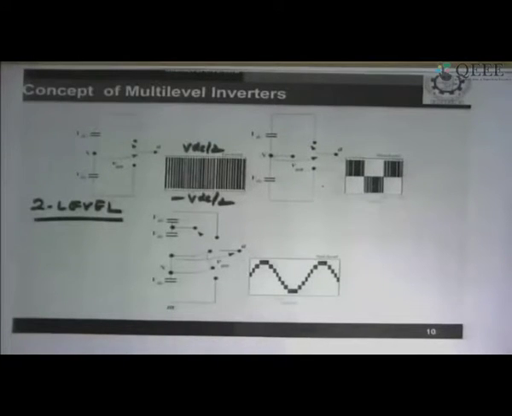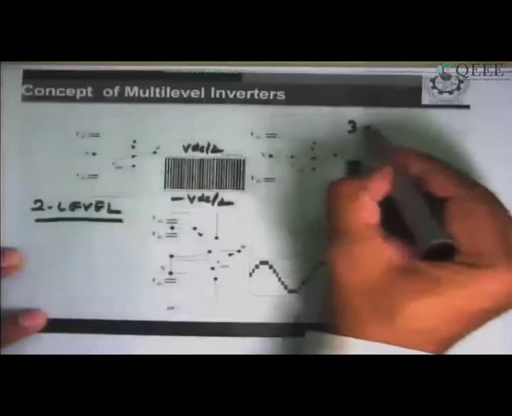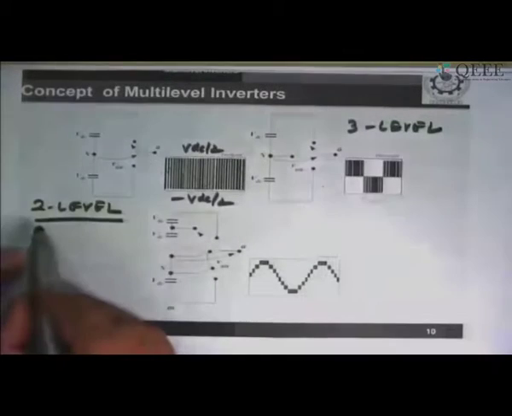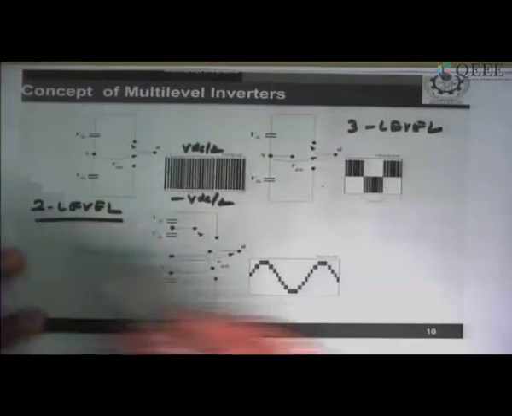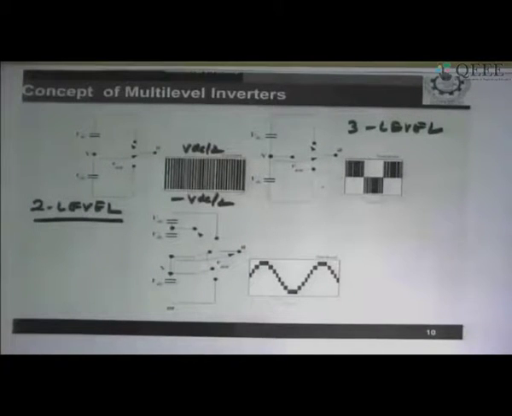But let's say we have three levels, or one more level added to the two-level, that is the zero state. Then we can have 1, 0 and minus 1, which we can generally call VDC by 2, 0 and minus VDC by 2.